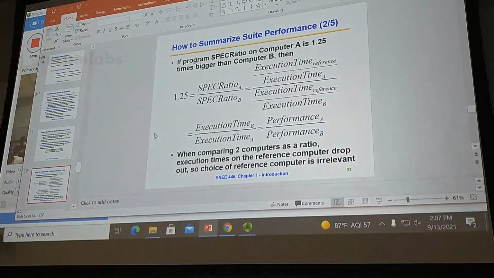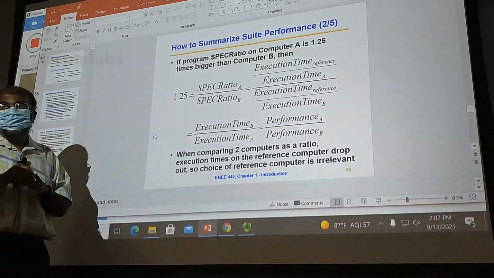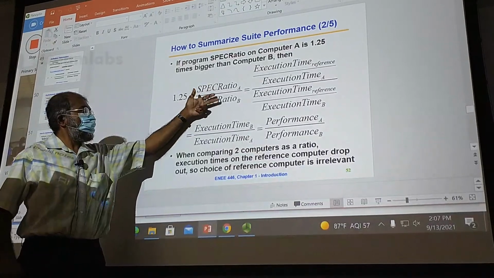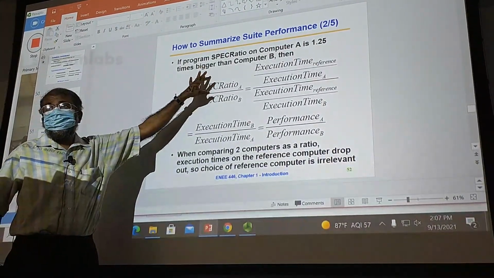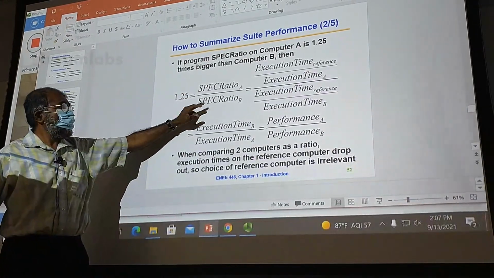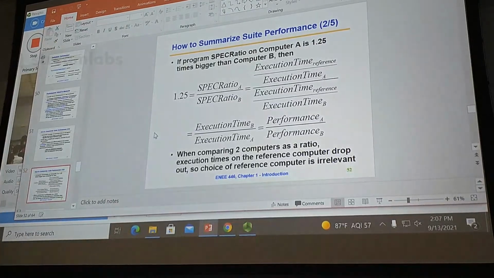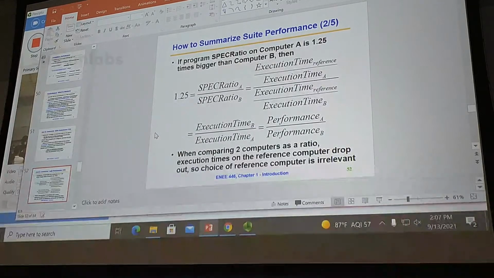So when you have a SPEC ratio, which is a single number somehow gotten from the benchmark, then if you want to compare performance, you can just divide the SPEC ratio for one of them by the other, and that will give you a number which gives you an idea of where things stand.